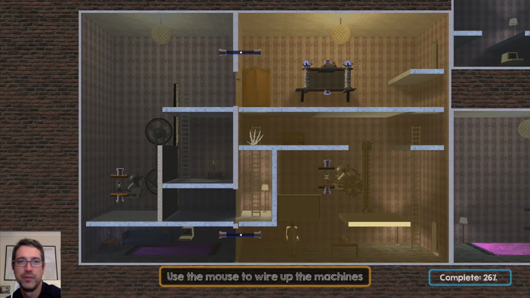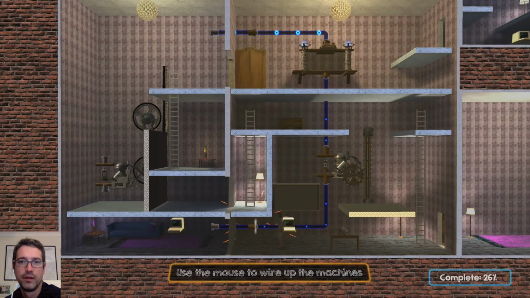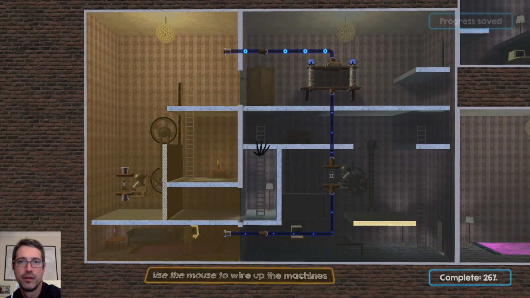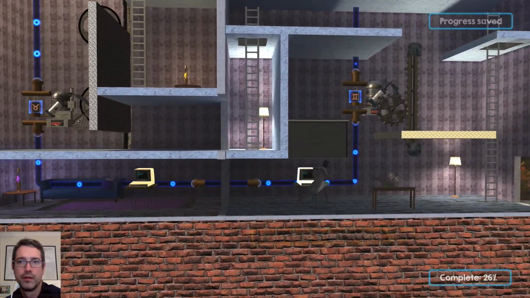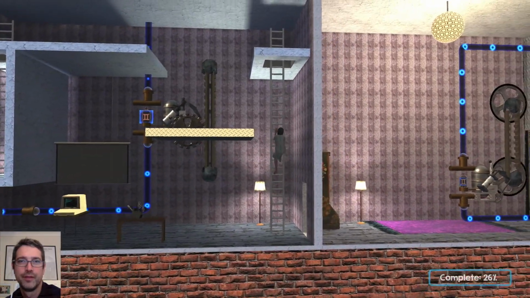Okay, so again we have a multi-room puzzle. We've just got 1 door, I think, haven't we? Oh no, a platform and a door.